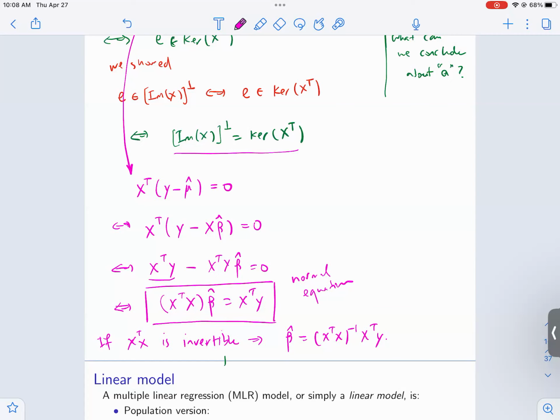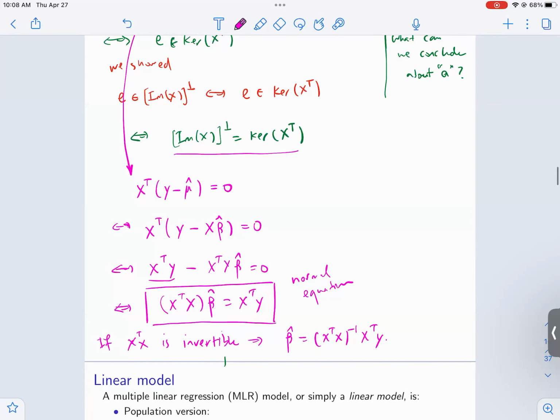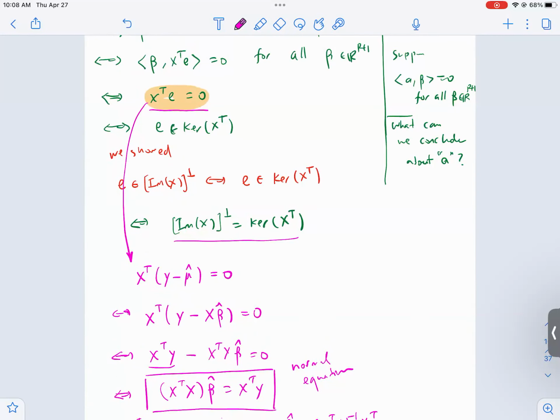If you don't recall, it just follows from this. The error has to be in the kernel. Let me pause. There's another simple way of saying why that has to be true. But is this sort of clear?